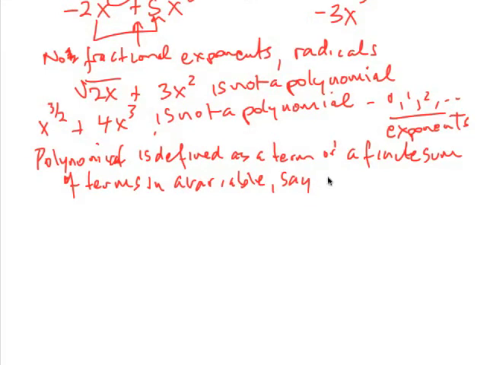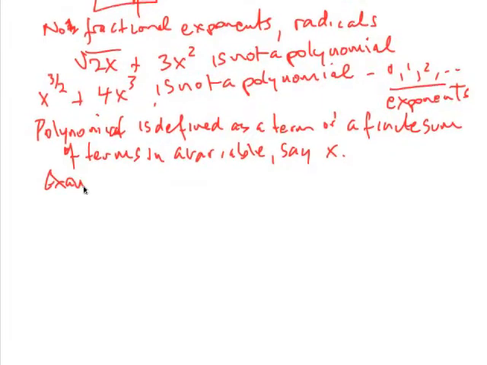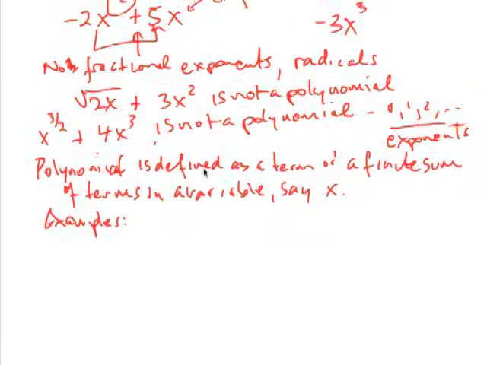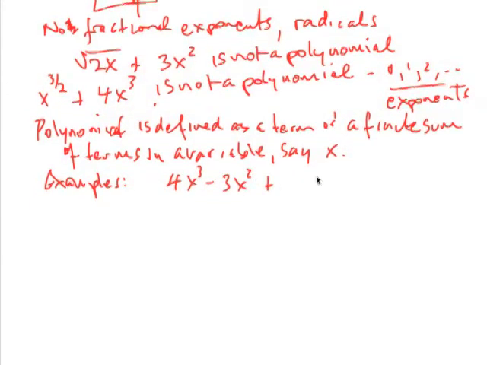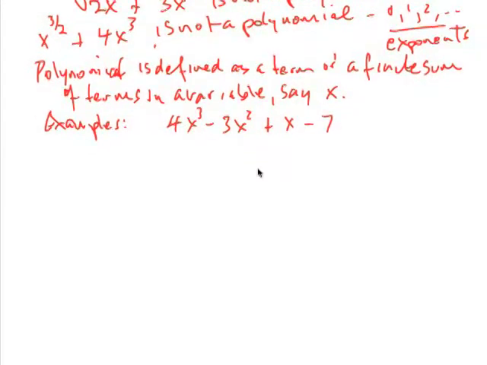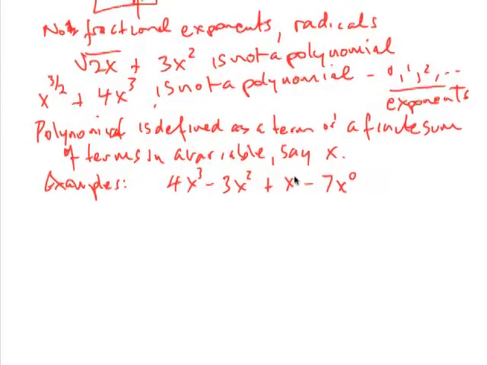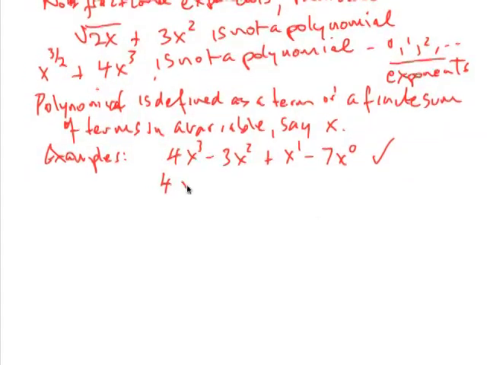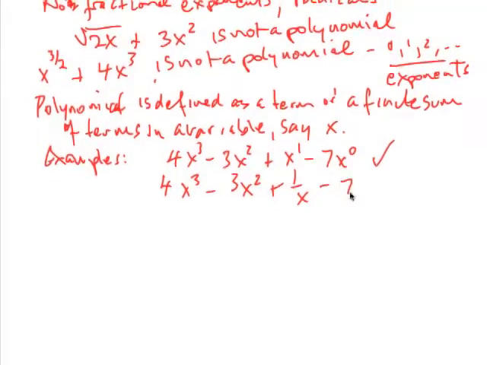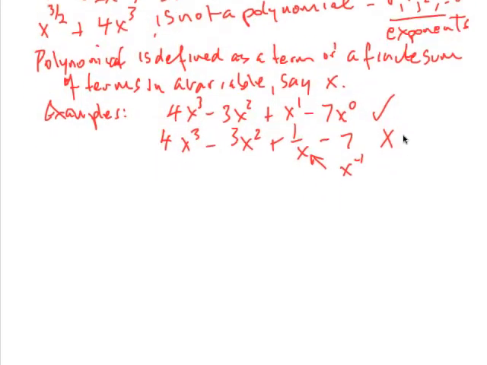Let's say x. So in other words, examples again, things like 4x cubed minus 3x squared plus x minus 7. Notice these are all whole exponents, because remember we could write this as x to the 0 here, which of course is 1. And this is an x to the 1. However, this is a polynomial. However, if I had something like this, this is not a polynomial because this here is an x to the negative 1. So that's not a polynomial.